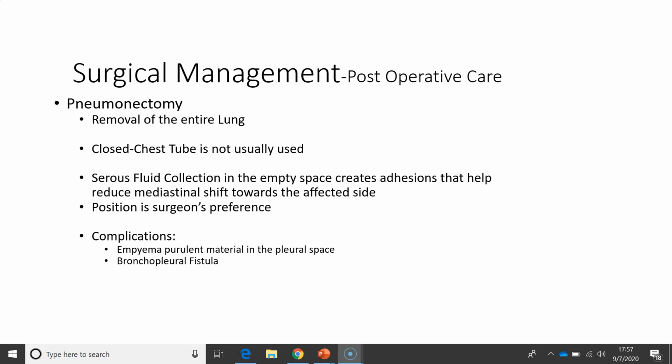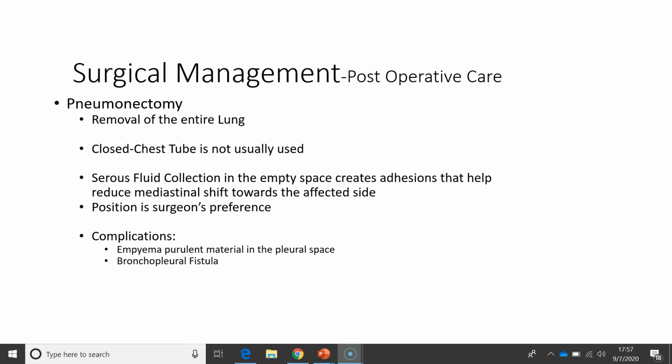Positioning is very much a surgeon's preference. I have worked with surgeons who say they have to lay on the affected side. I've had surgeons that say they have to lay on the unaffected side, that they have to stay on their back. Just know that positioning for a pneumonectomy is a surgeon's preference.